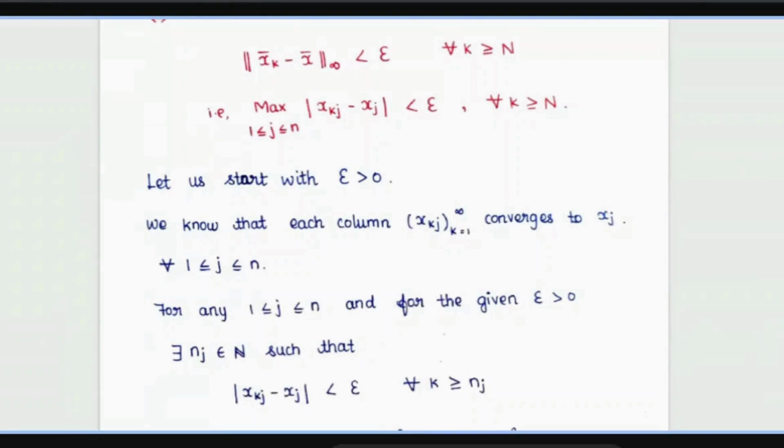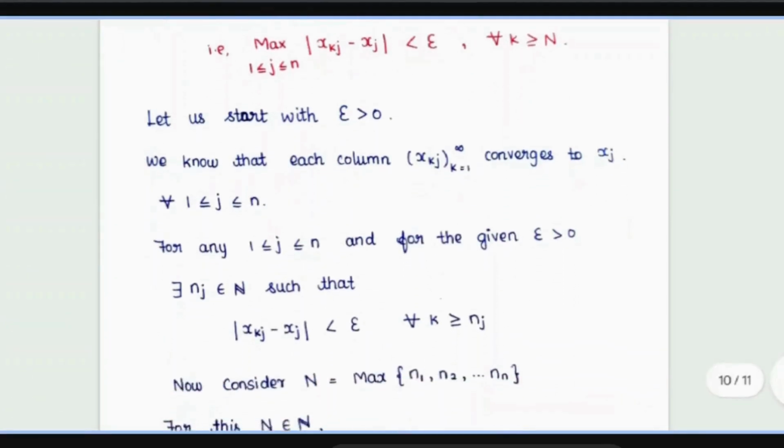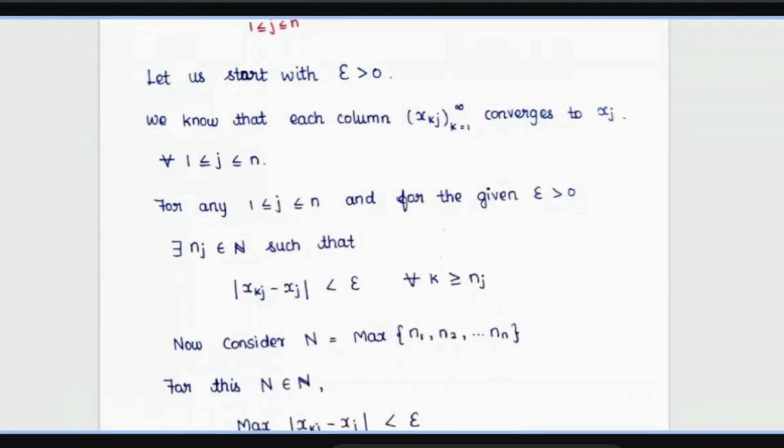This is because we already know that each column sequence converges to x_j. Now we have a stage n_j for each j, for j = 1, 2, 3, and so on.